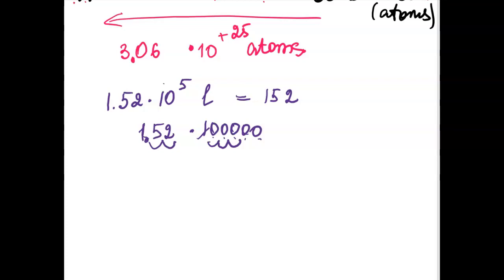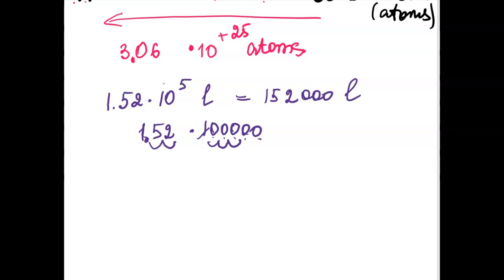So my new number will be 152 and 3 zeros. 3 zeros. You can check yourself and rewrite this number in scientific notation, just to make sure that you did it correctly.